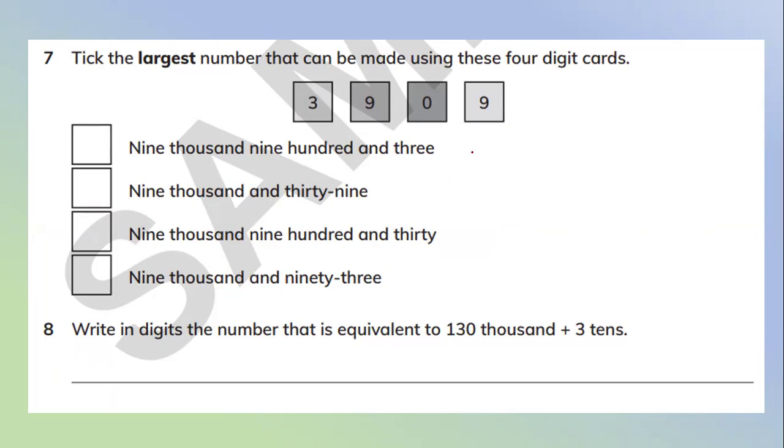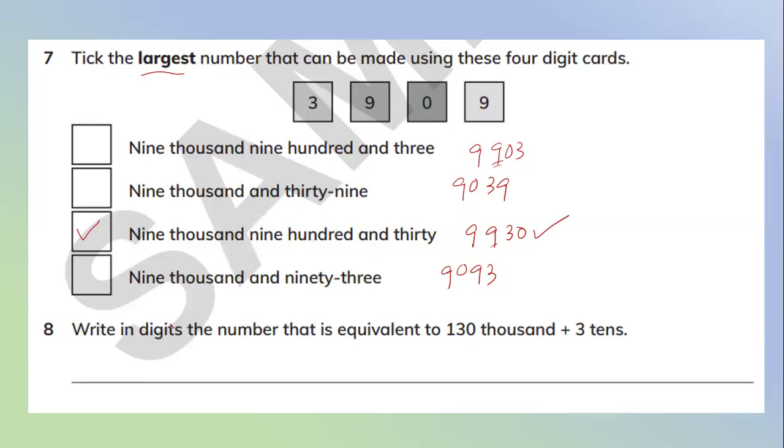Okay, 9,903, 9,039, 9,930, 9,093. So pick the largest number. So let's look: 903, 930. This is the largest. 9,930 is the largest number.